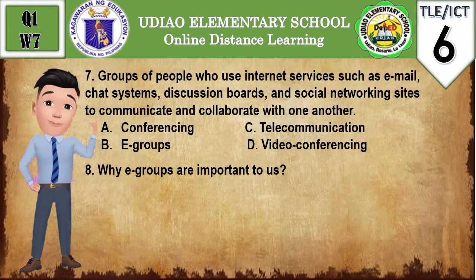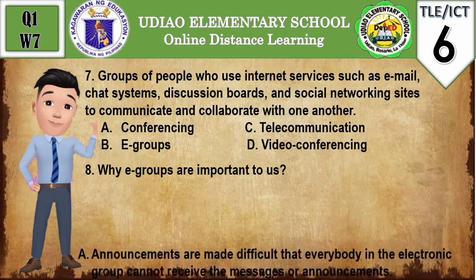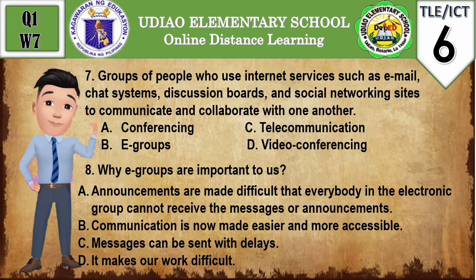Number 8. Why are e-groups important to us? A. Announcements are made difficult that everybody in the electronic group cannot receive the messages or announcements. Letter B. Communication is now made easier and more accessible. Letter C. Messages can be sent with delays. Letter D. It makes our work difficult.